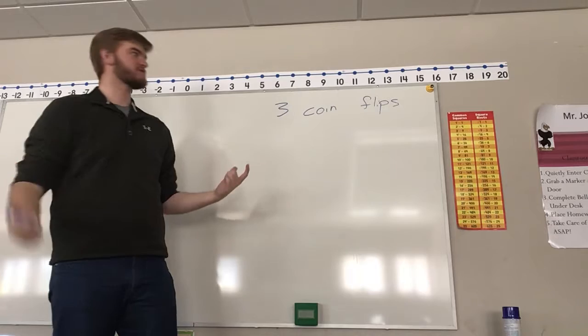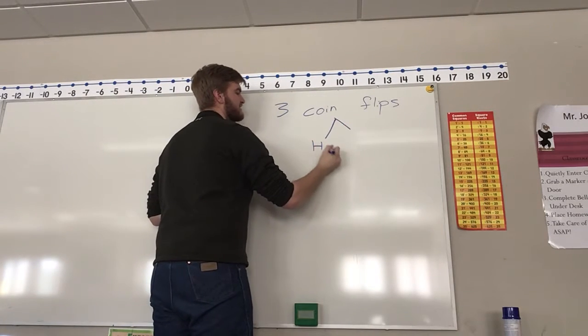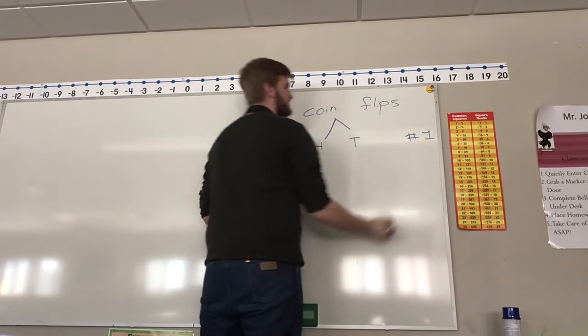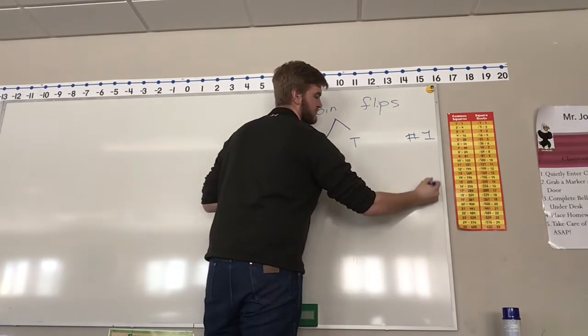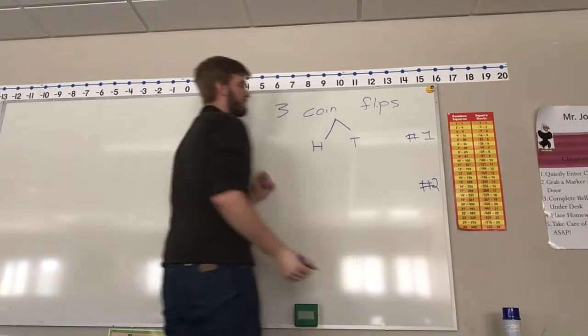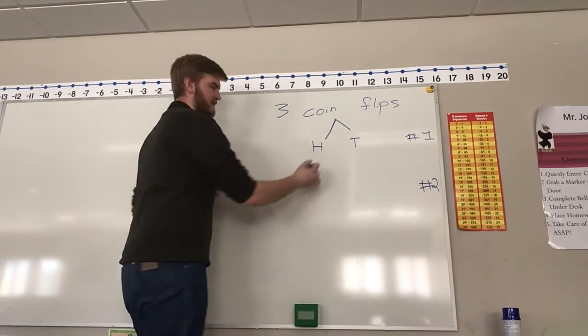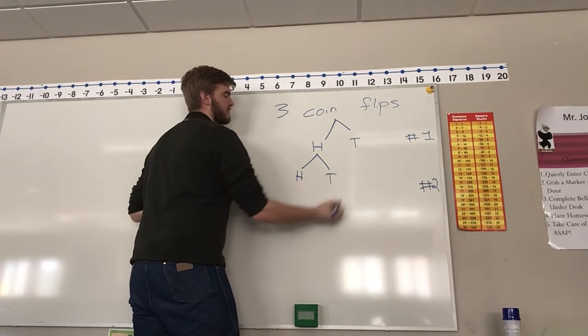Okay, let's deal with our first coin flip. Every time we flip a coin, it can go either heads or tails. So that's our first flip. Now we're going to move on to flip number 2. And when we flip a second coin, let's say we flipped it the first time and got heads. The next time we flip it, we can still have 2 things, heads or tails.